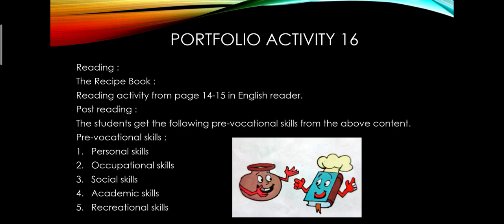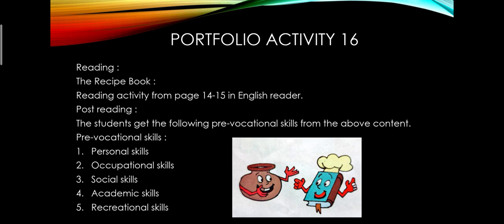Then we will move on to the reading activity. In the reading activity, the lesson is the recipe book. In this activity we should go through pages 14 to 15 in the English reader. After completion of the reading activity, we will go for post-reading.